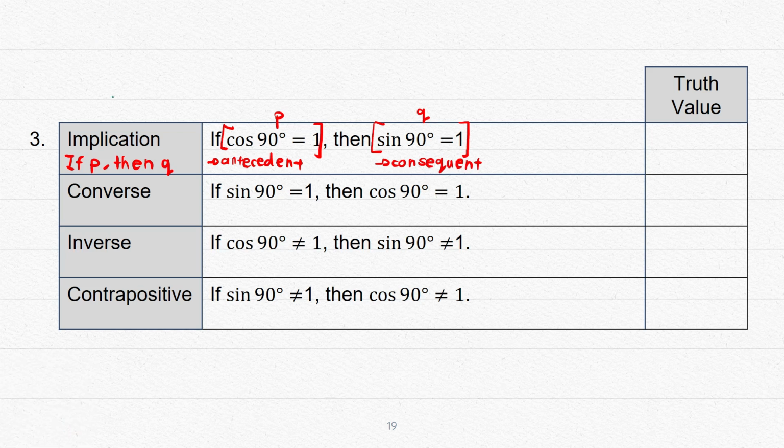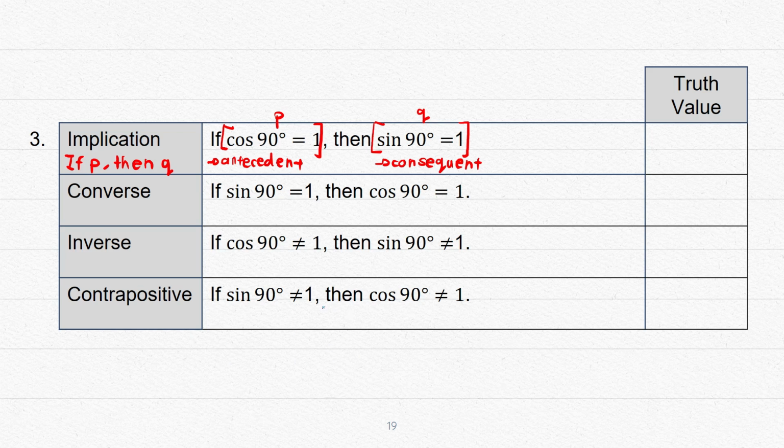Is P true or false? You may press your calculator: cos 90 degree is equal to, what do you get? 0.